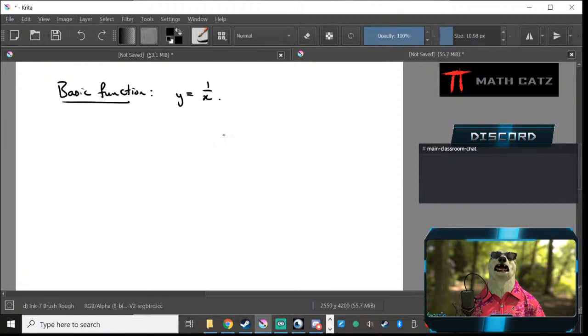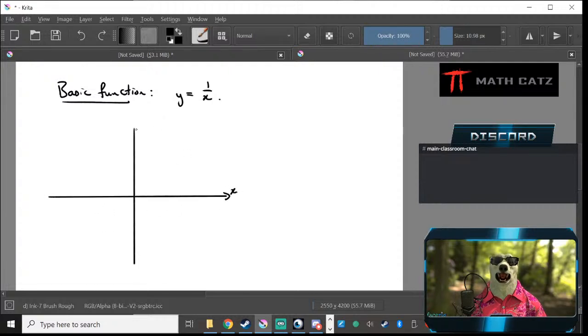Now, many of you have seen this before, familiar with it, so I won't dwell on this for too long. Let's get a graph of this basic function, whether you make a table, whether you remember, regardless, I have much more interesting properties here. When I plug in 0 for x, there is no y value that I can calculate. The function is undefined.